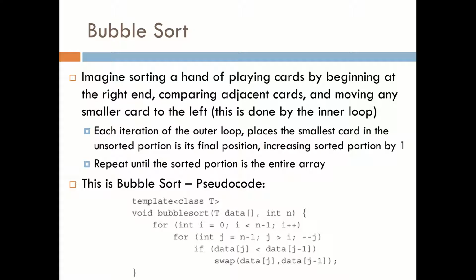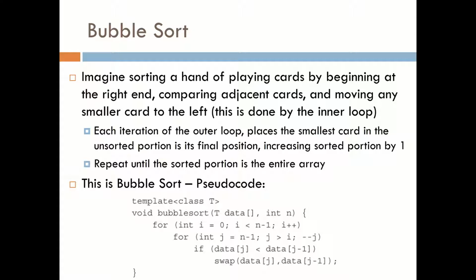So the idea with bubble sort is, imagine if you're playing cards and you are taking a look at them. You begin at the left hand side, the beginning of the array, if you will. That is what the outer loop does.